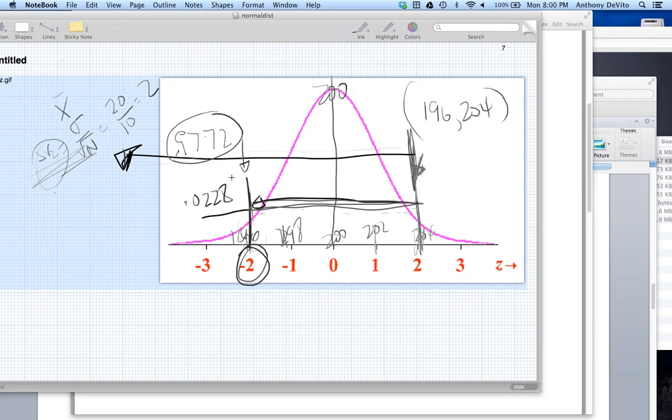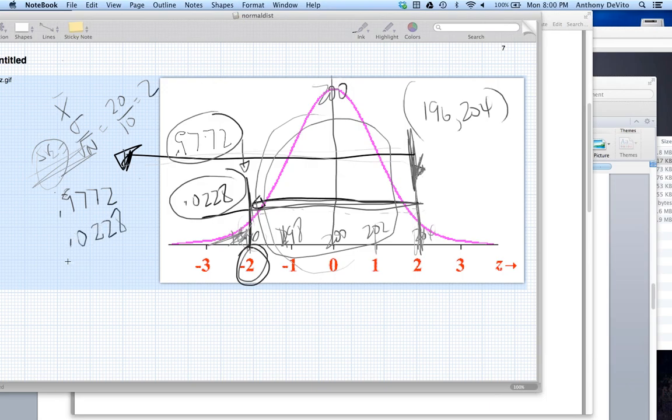So the area between -2 and +2 z-score using the z-table is going to be 97.72% minus 2.28%. We're going to take this entire area and then subtract this from it, leaving just the area that we want. Let me do that, 0.9772 minus 0.0228.